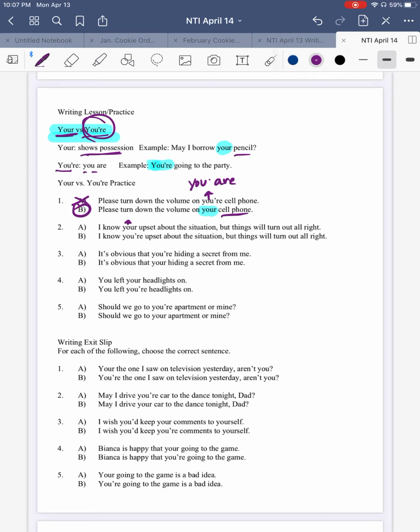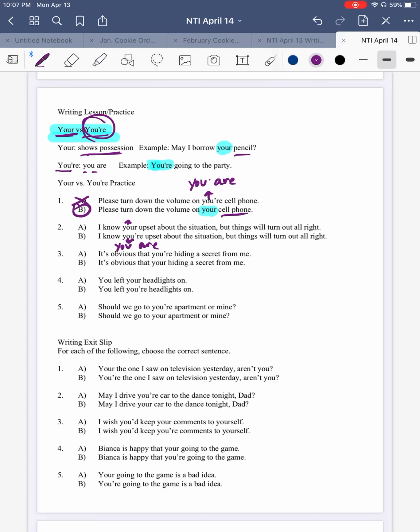Let's look at B. "I know you're upset about the situation, but things will turn out all right." In A, you've got to ask yourself, is somebody owning or do they have something? Does this show possession of something? Looking at B, "I know you're upset." To make sure it makes sense, let's replace it with "you are."